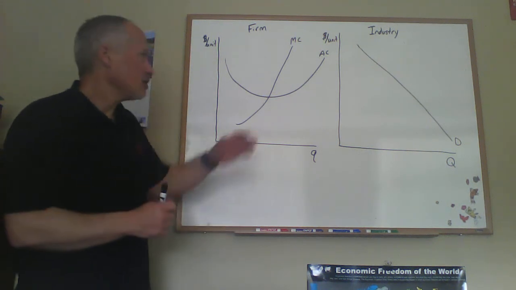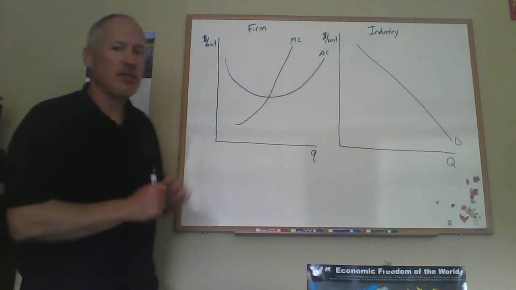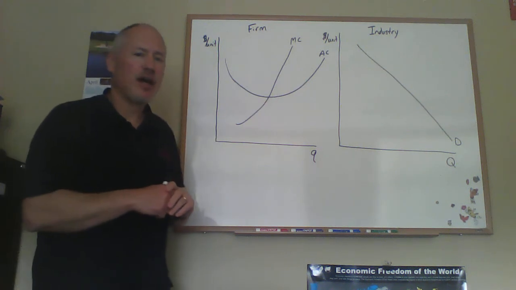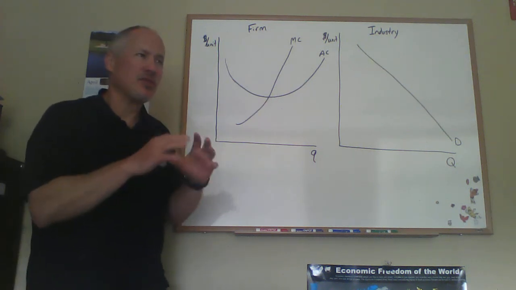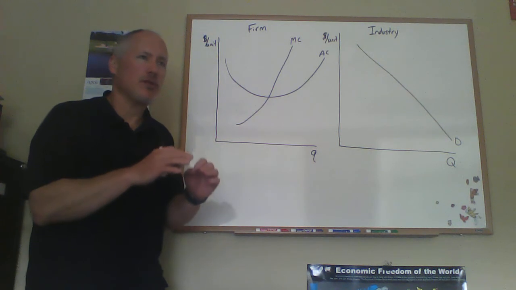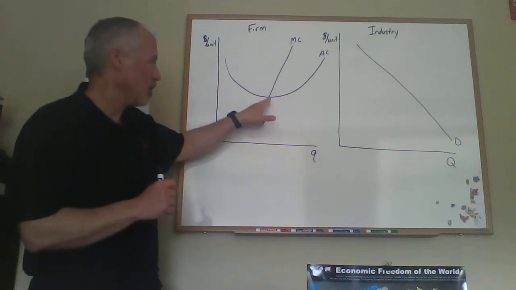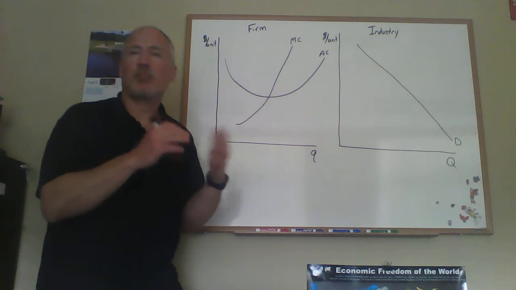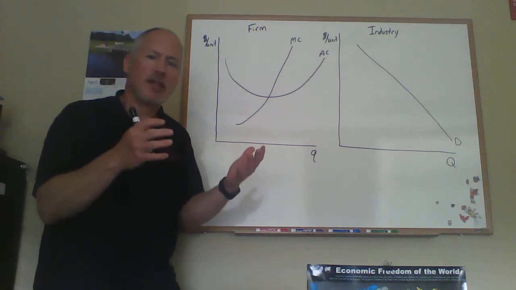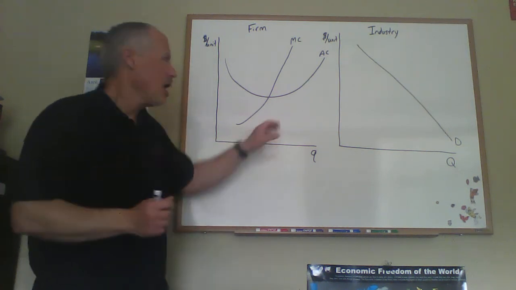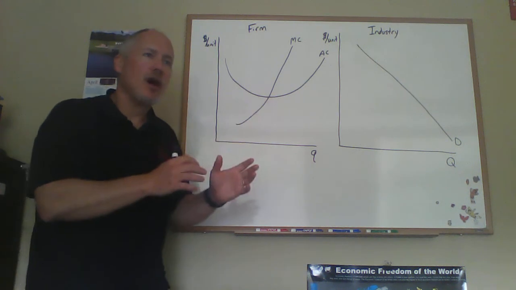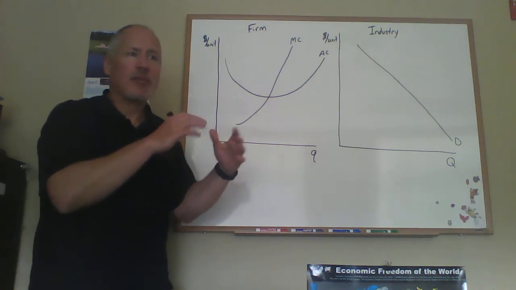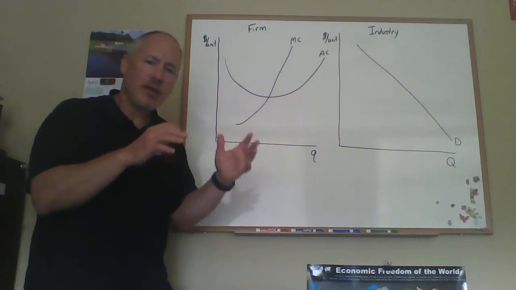Now, we could actually look at this diagram and think about the change that the individual firm could be doing as they go from the short run to the long run. In the short run, the firm has a plant of a given size, or capital stock of a given size. As you go from the short run to the long run, the firm could optimize their plant size.